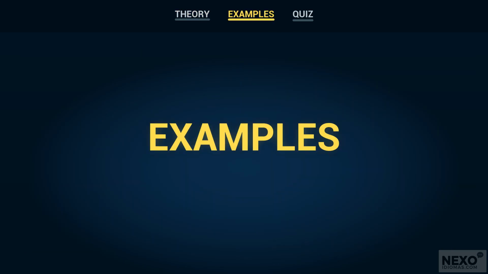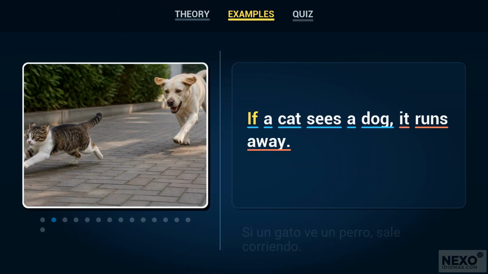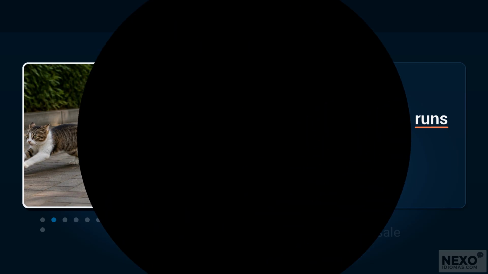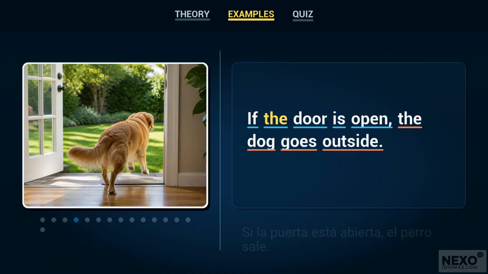Examples. If you mix red and yellow, you get orange. If a cat sees a dog, it runs away. If I wake up early, I drink tea. If the door is open, the dog goes outside.